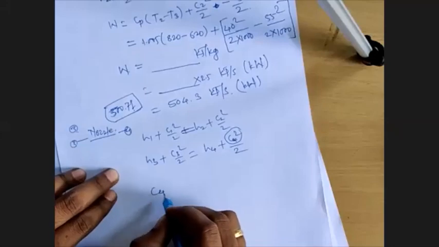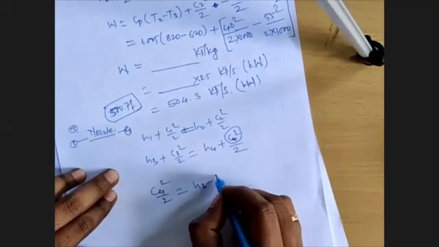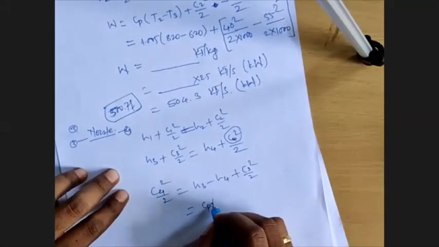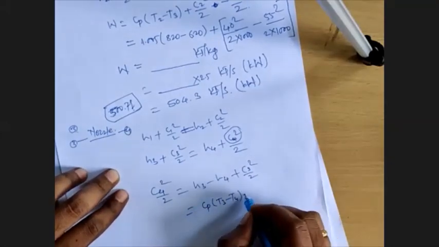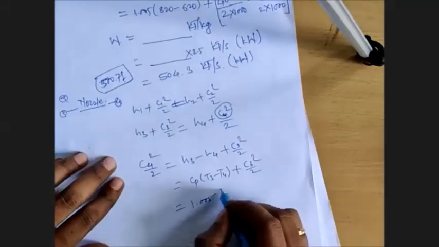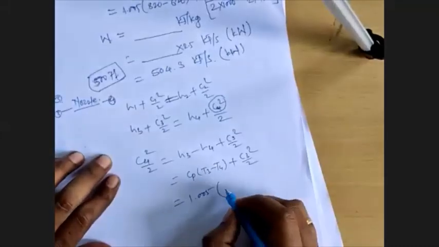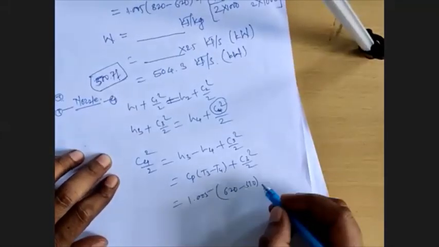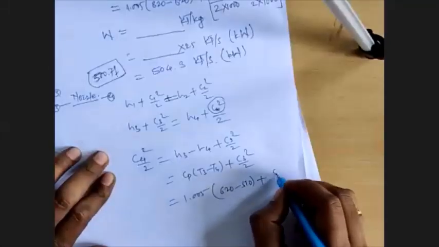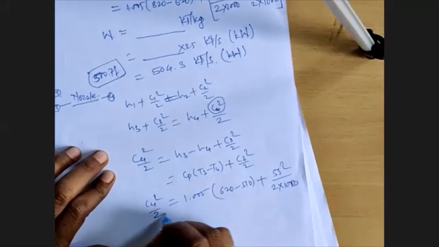So C4 square by 2 is equal to, let's shift remaining all terms, H3 minus H4 plus C3 square by 2 is equal to Cp into T3 minus T4 plus C3 square by 2 is equal to 1.005 into what is T3 and T4, 620 minus 510 plus C3 is 55 square by 2 into 1000, and this is C4 square by 2.